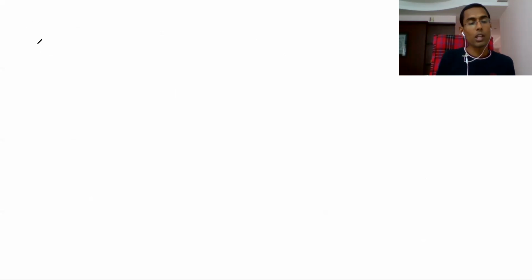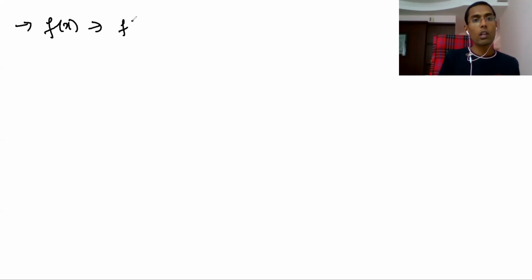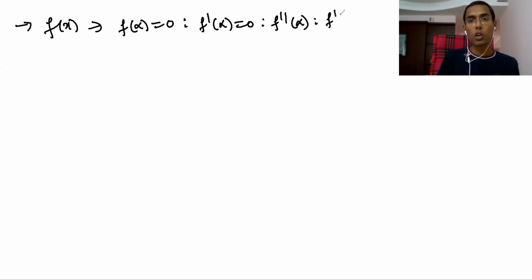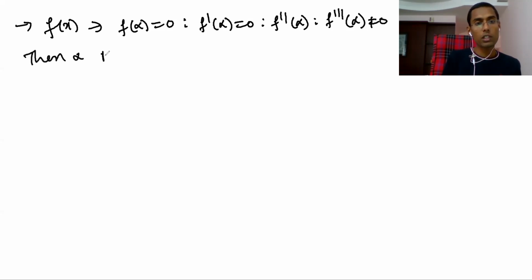From this you can understand that if f of alpha is 0, f dash of alpha is 0, f double dash of alpha is 0, and f triple dash of alpha is not equal to 0, that means it has come 3 times, so alpha is a root of multiplicity 3, or a thrice repeated root.